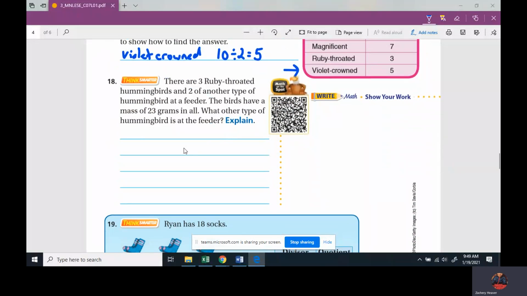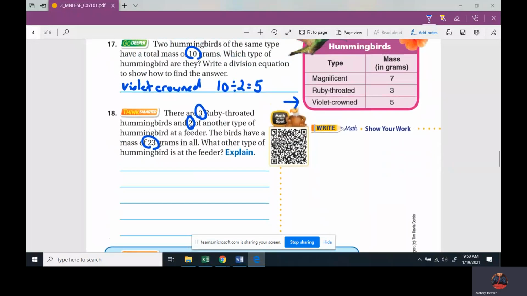The next one. There are 3 ruby-throated hummingbirds and 2 other type of hummingbirds at the feeder. The birds have a mass of 23 grams. What other bird is there? So first off, we're going to just do adding. We have ruby-throated.